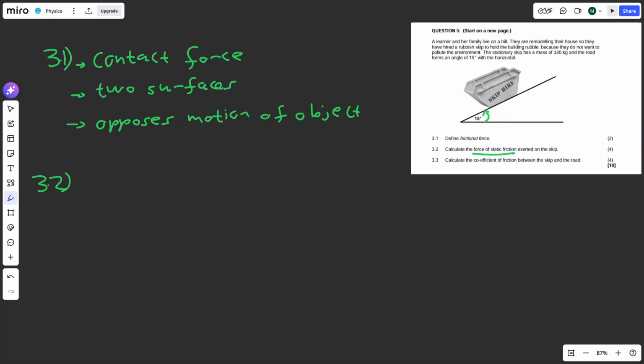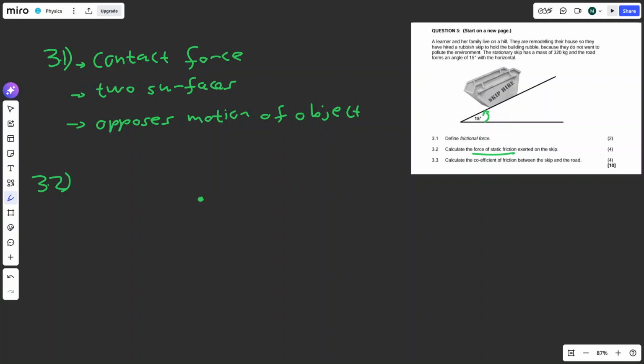Now let us go ahead and answer the second question by first drawing a free body diagram. I advise you to always construct a free body diagram anytime you're dealing with these types of questions, where you've got different forces acting on an object. A free body diagram will give you a high level overview of the types of forces acting on the object.